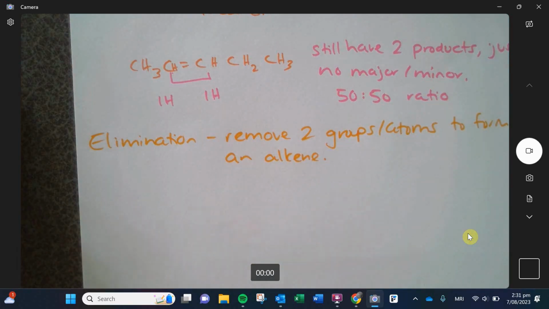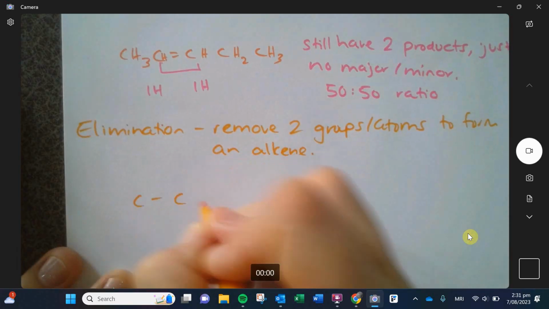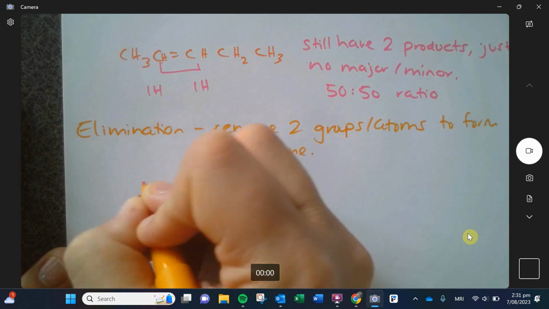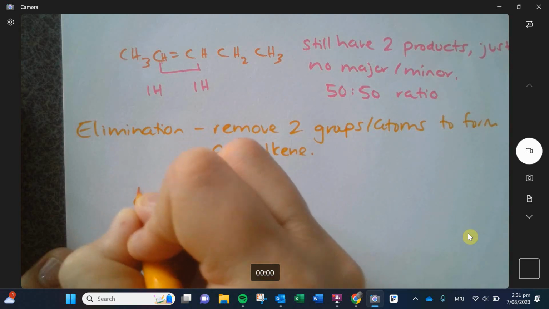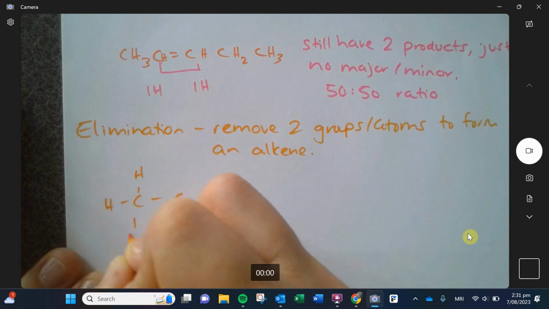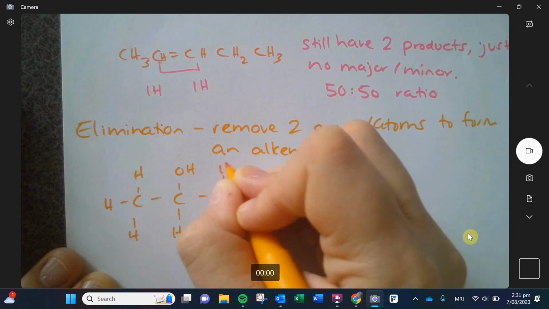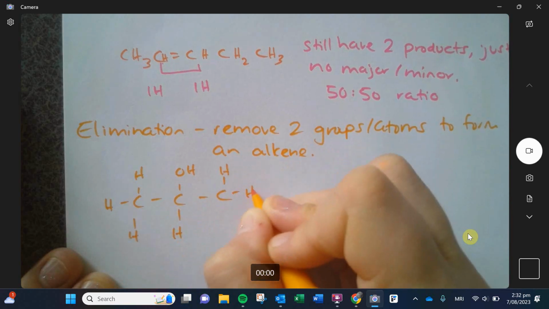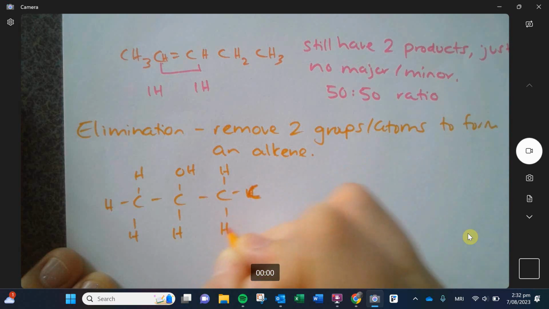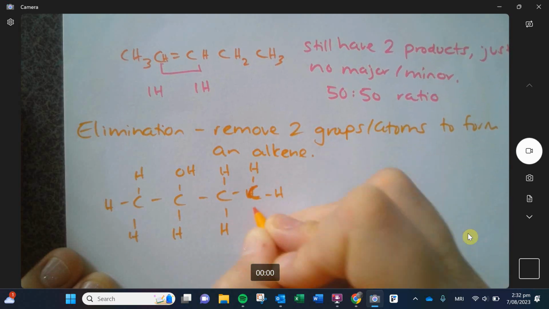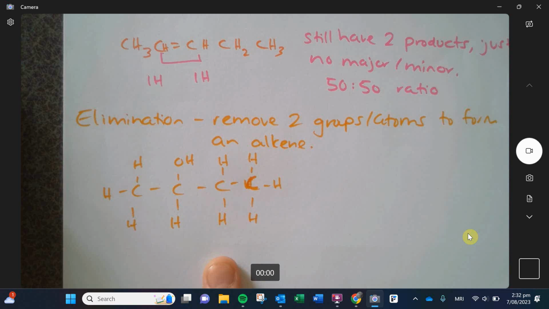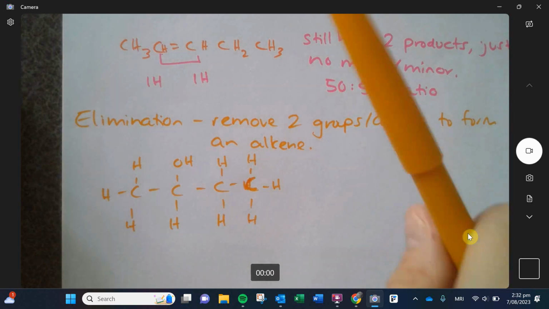So basically, we have a molecule, say, for example, our alcohol. Just going to draw it out big so everybody can see. Actually, I'll put another C there so we can look at Zaitsev's rule. So I have an alcohol here. And what we're going to do is remove two things.